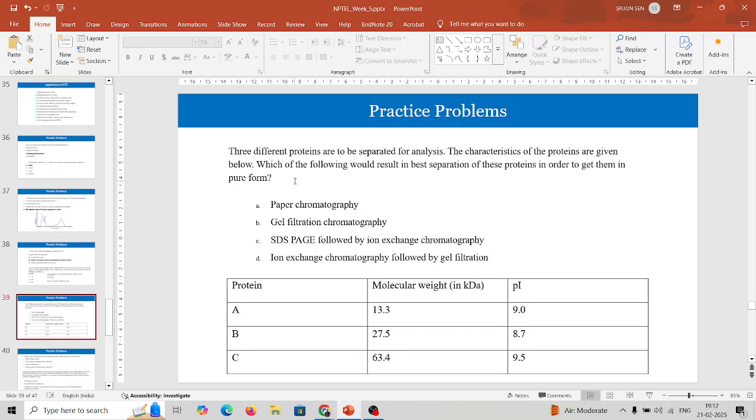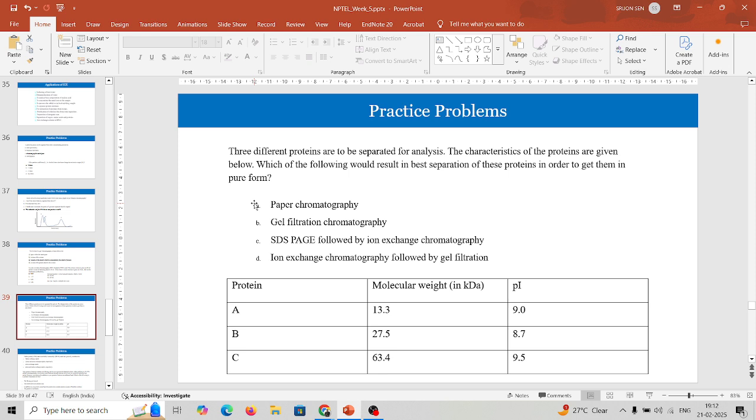3 different proteins are to be separated for analysis. The characteristics of the proteins are given below. Which of the following would result in the best separation of these proteins to get them in pure form? So you have the protein A, B, C of different molecular weights and different pI. So which of the following techniques can you use? Paper chromatography, gel filtration, SDS page, ion exchange followed by gel filtration.